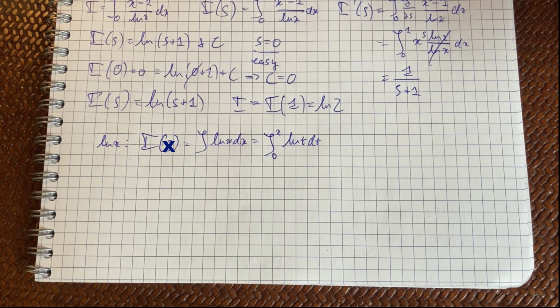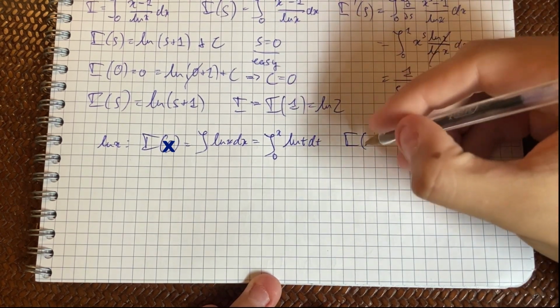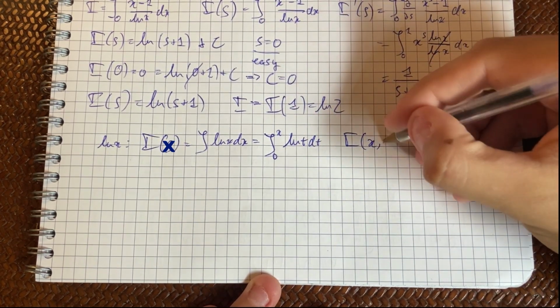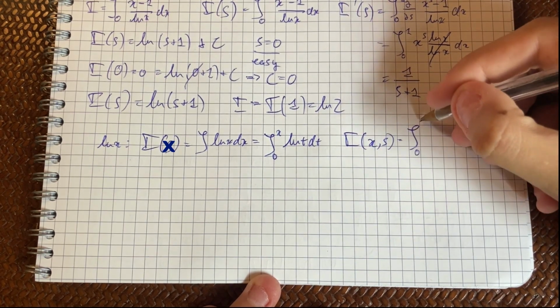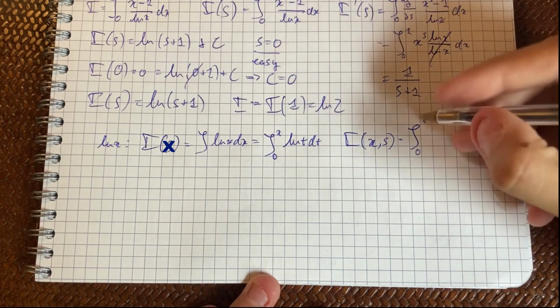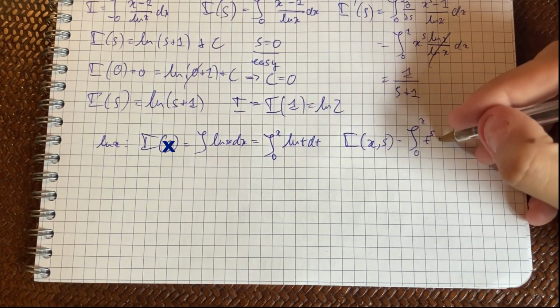And now we can introduce our second variable s. So we pose I of x, s being the integral from 0 to x of t, be careful, t to the s power dt.